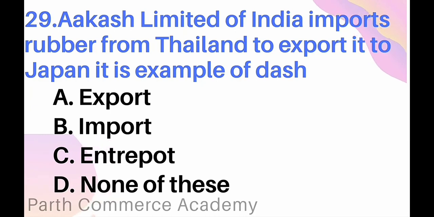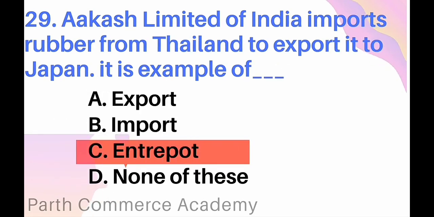Akash Limited of India imports rubber from Thailand to export it to Japan. So it is an example of dash: export, import, interport, and none of these. So we see here import is also there and export is also there, but the correct answer is interport.